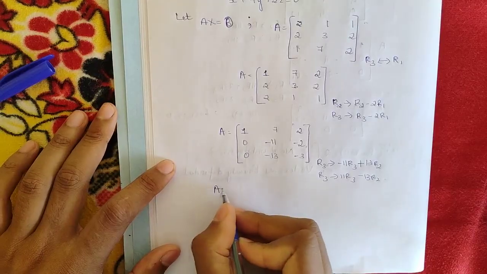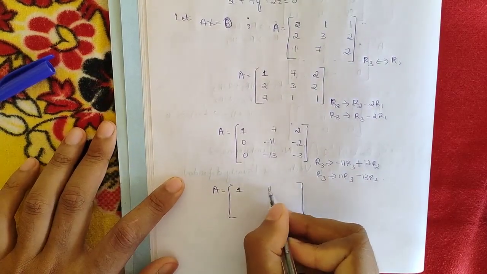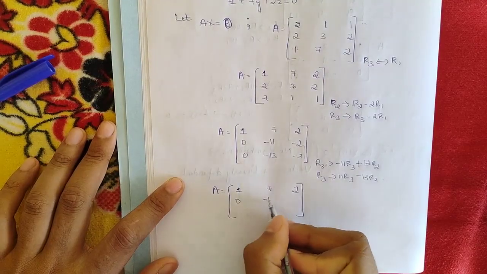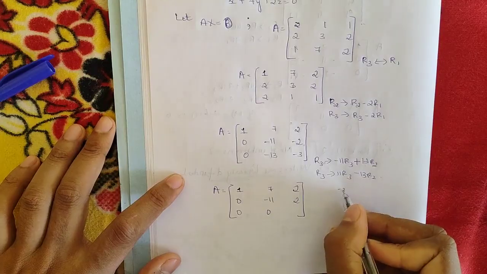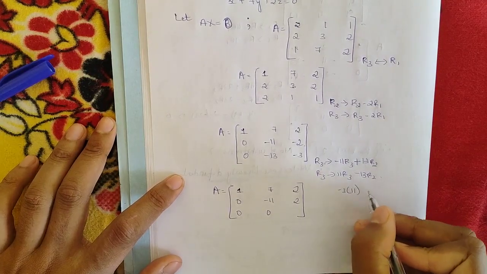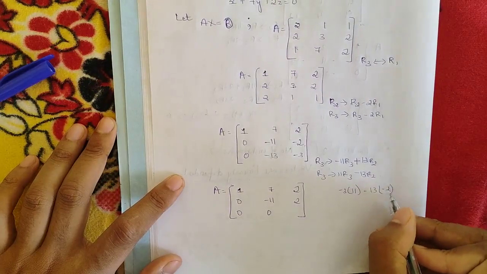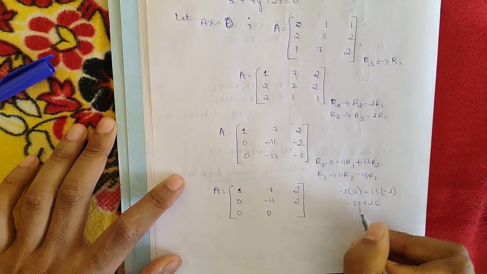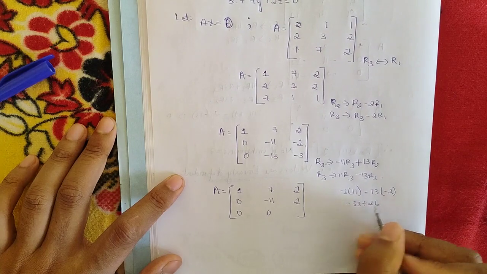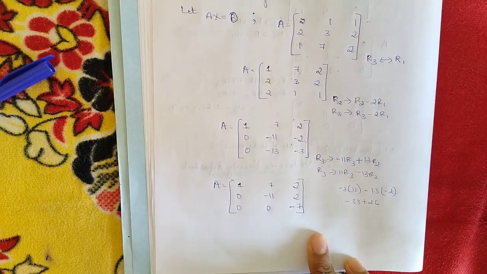Do that and write the final matrix: 1 7 2, 0 minus 11 2, 0 0, and here minus 3 into 11 minus 13 into minus 2. So 11 threes are 33, and 26, so minus 33 plus 26, that is minus 7. So this is the required A matrix.